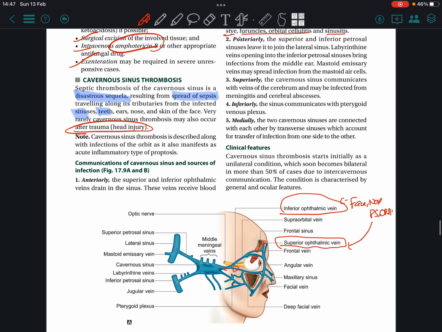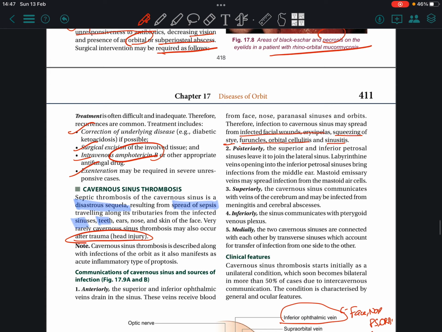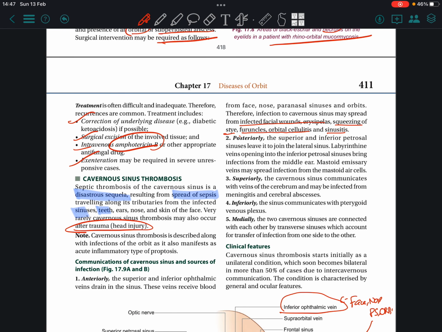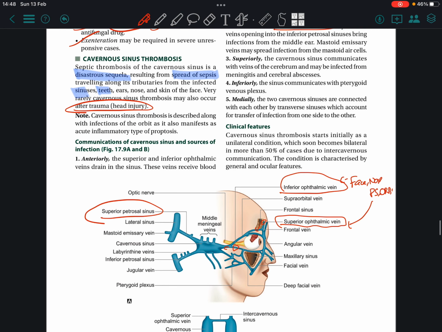Posteriorly, the superior and inferior petrosal sinuses leave it to join the lateral sinus.